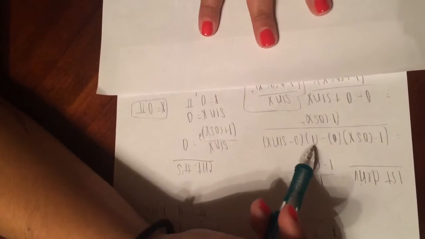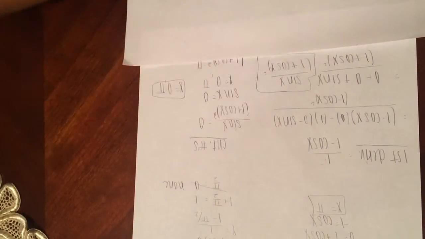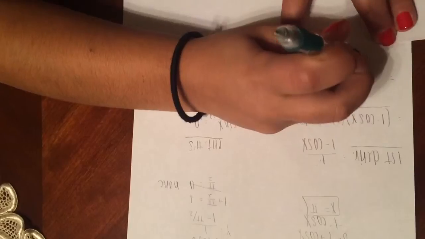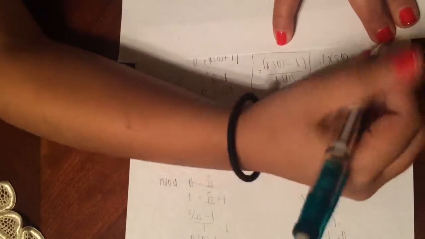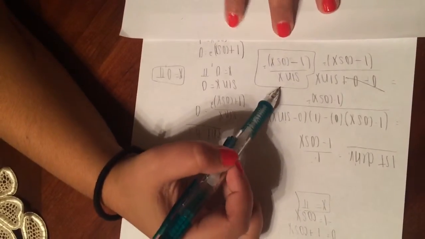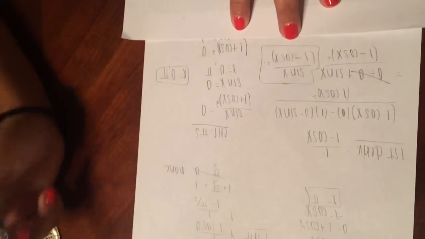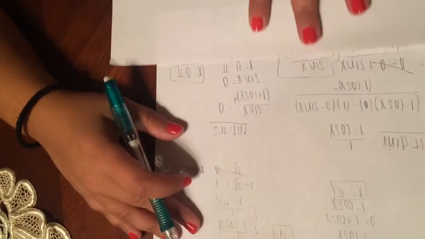Then if we distribute the negative, we get 0 plus sine x, all over 1 minus cos x. When we simplify the top, the zeros cancel, and what we're left with is sine x over 1 minus cos x to the second power. So that's our first derivative.